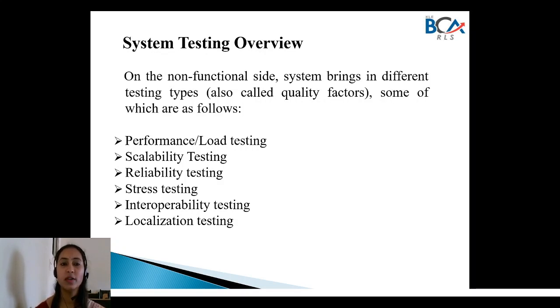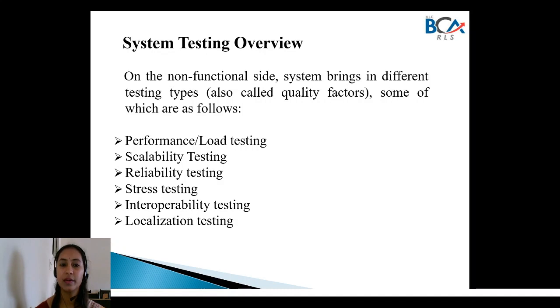So next, moving on to scalability testing. A testing that requires an enormous amount of resources to find out the maximum capacity of the system parameters is called scalability testing. So you test how scalable your application is.